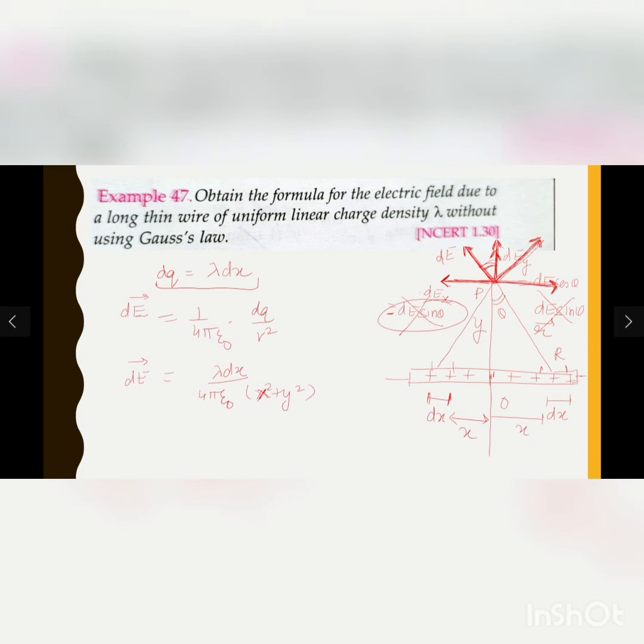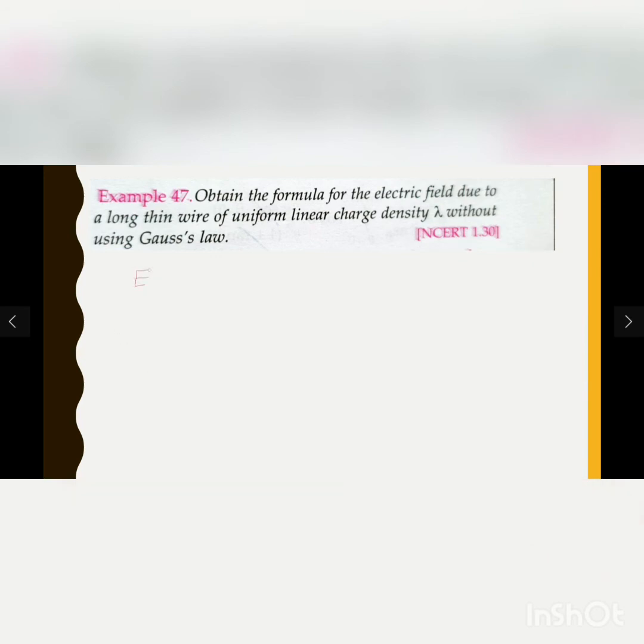Now I already told you that the y components due to both the elements will get added up, whereas the components along the x-axis will get cancelled out. So I can write the total electric field as twice of dE cos theta, because from the left hand side of the origin to the right hand side of the origin, both the components will get added up.